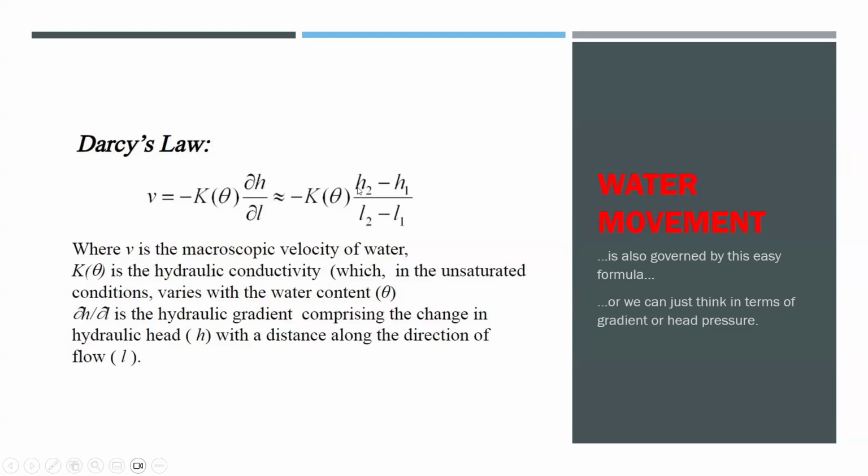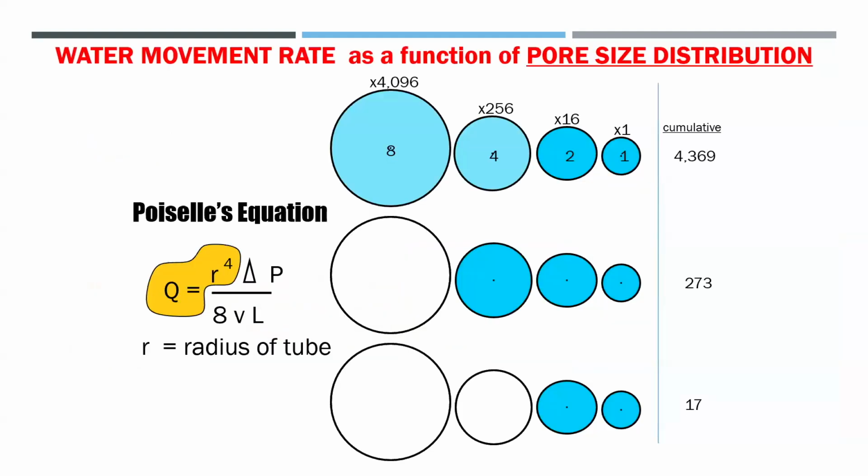Other things here like H1, H2 over L, this is like height, a gradient, like water flows downhill, easiest way to put it. A hydraulic head and the distance of the flow. But the biggest thing here is this hydraulic conductivity, and that's based on the soil texture and structure in the soil. Obviously, sands are going to move more water than a clay will.